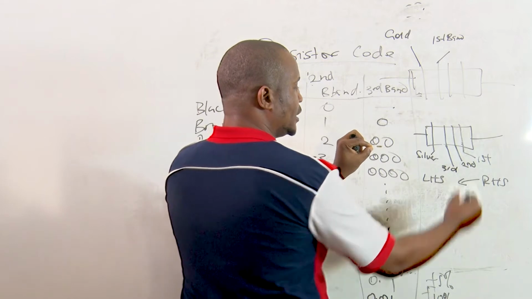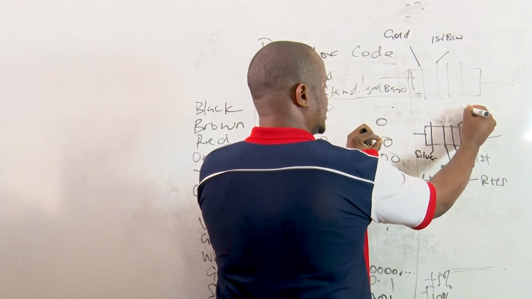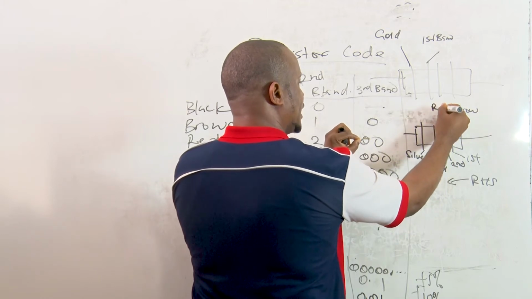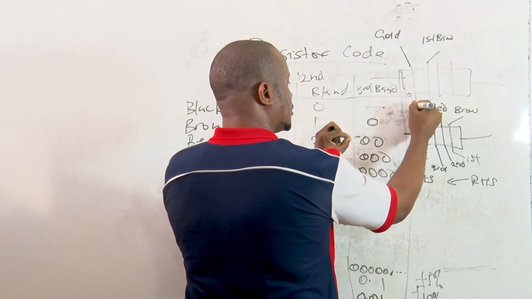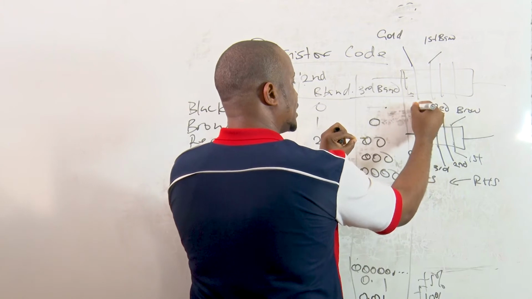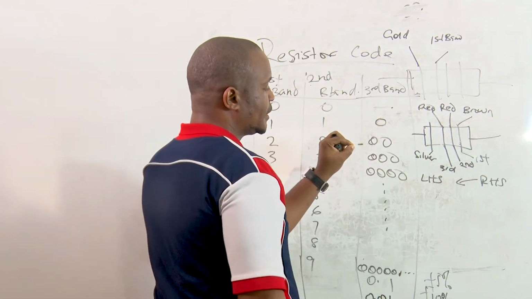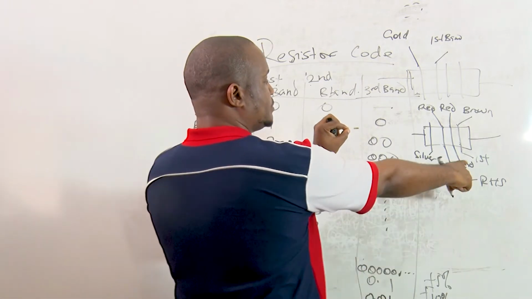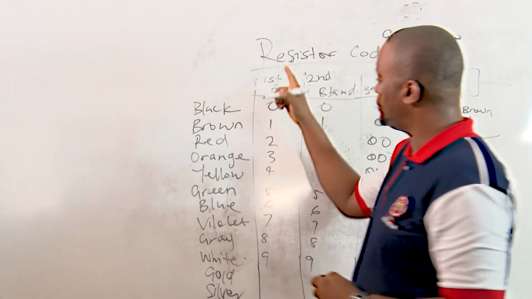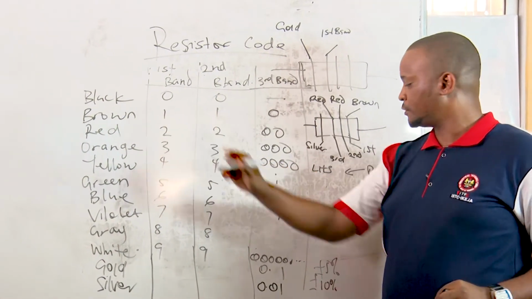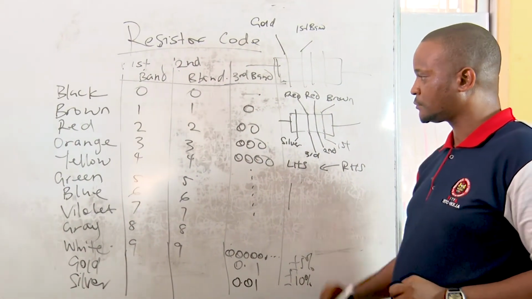Okay, so let's assume that this is brown, this is red, and this is also red, because you can have multiple colors. You can even have the same color all through. So on the first band, what is on the first band? Brown is 1. So you write 1.